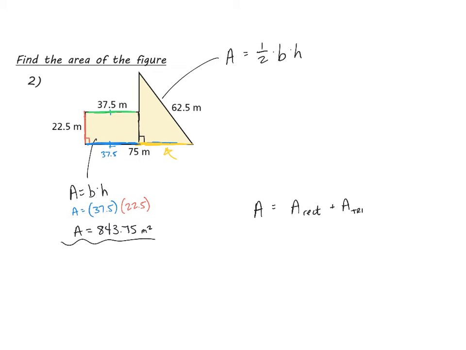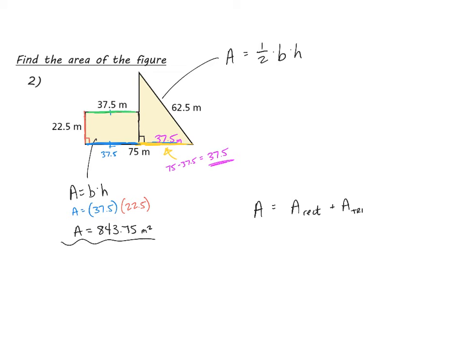I know you can't see the yellow, I'll use purple. So this length must be 75 minus 37.5, which is 37.5. Cool. So that piece right there, that yellow piece, is 37.5 meters long.